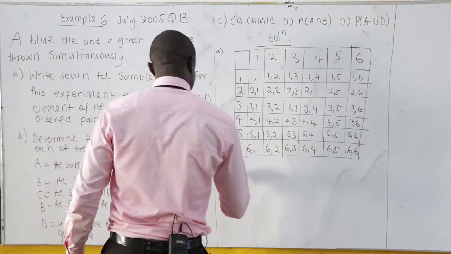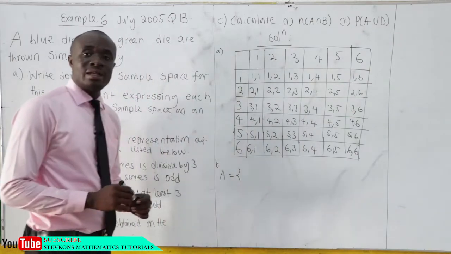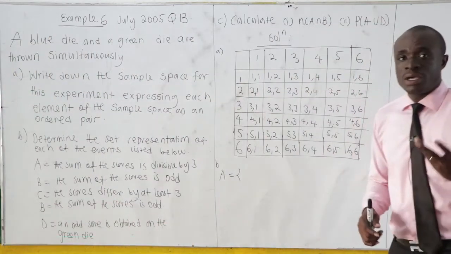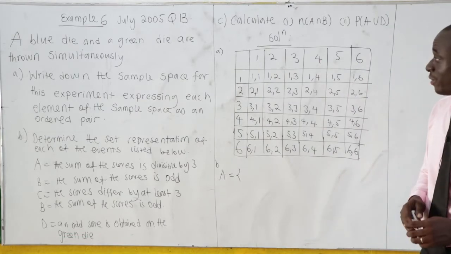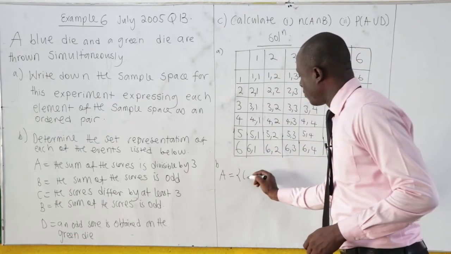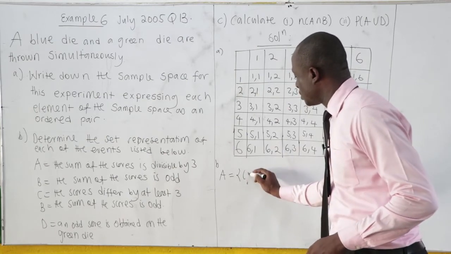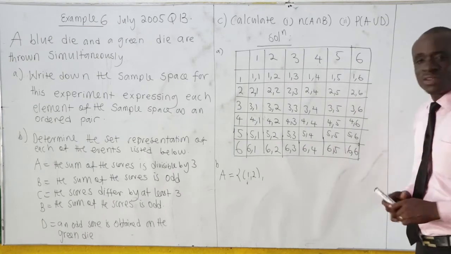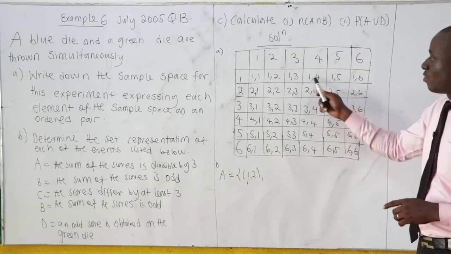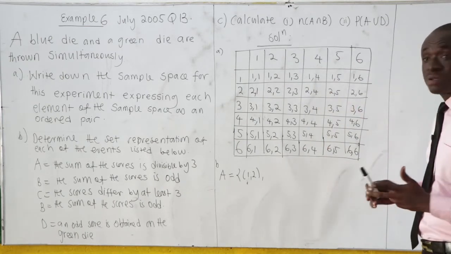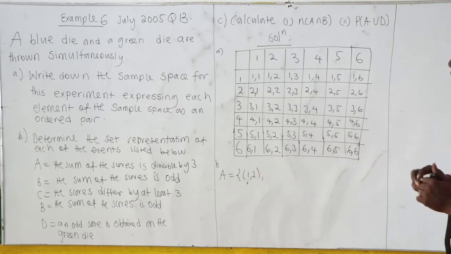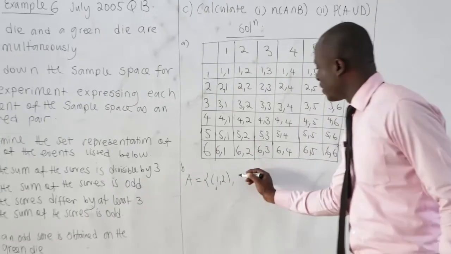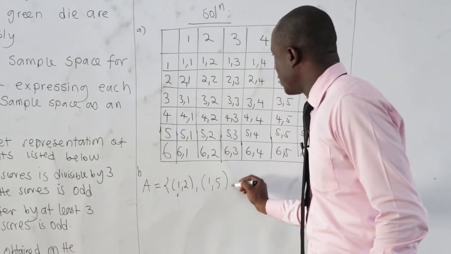So when we add the two, the sum should be divisible by 3. 1 plus 1 is 2, not divisible by 3, so it's not part. 1,2: 1 plus 2 is 3, so this is part. 1 plus 3 is 4, not divisible by 3. 1,4: 1 plus 4 is 5, not divisible. 1,5: yes, 1 plus 5 is 6, divisible by 3. So we have 1,5.